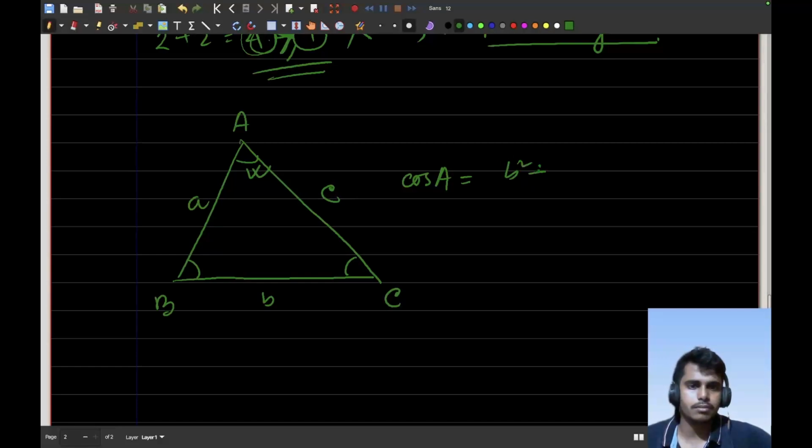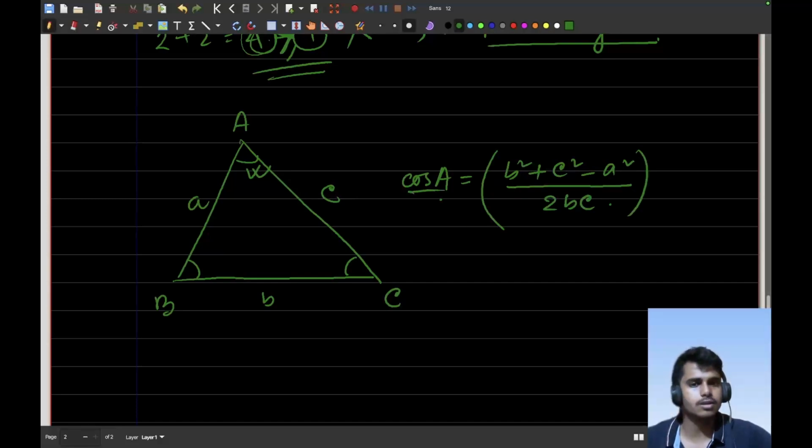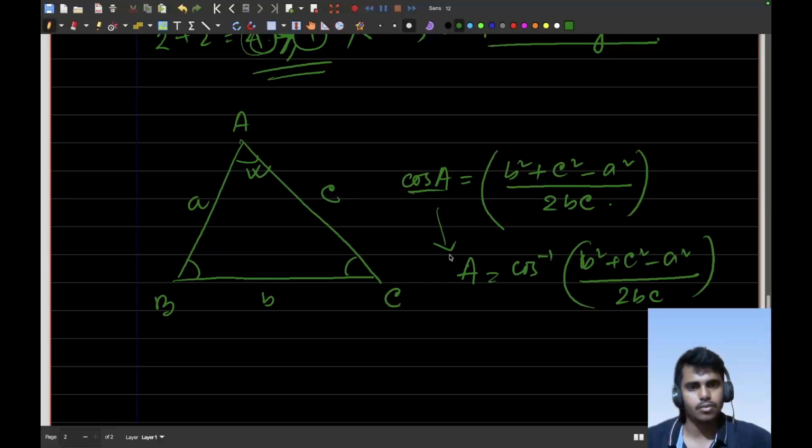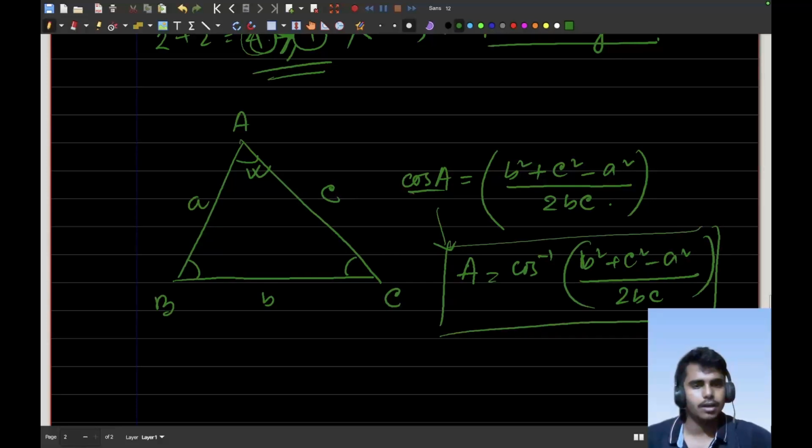This is the formula for cos A. So how can I get A? A is equal to cos inverse of B square plus C square minus A square by 2BC. This is the formula for angle A.